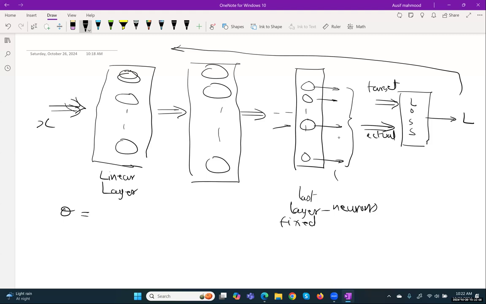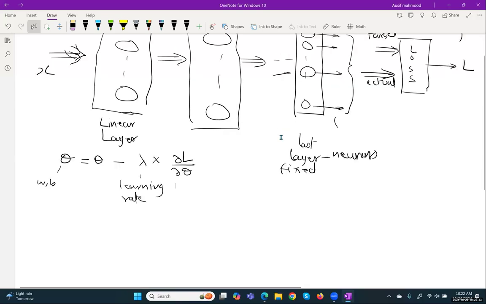So if theta represents weights and biases, it will be theta minus lambda, which is our learning rate, times partial L, which is the derivative of the loss function with respect to one of the weights and biases. Together, cumulatively, we can represent each one of those in our math terminology as theta. So theta are our learnable parameters, right?